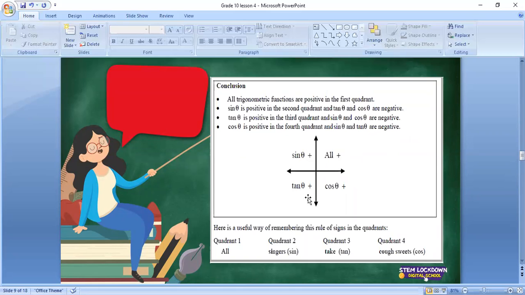That means theta can be in the second or the third. But sine is negative, sine is less than 0. That means our answer must be the third quadrant. This is where sine is negative and theta is between 90 and 270. So our answer is the third quadrant.